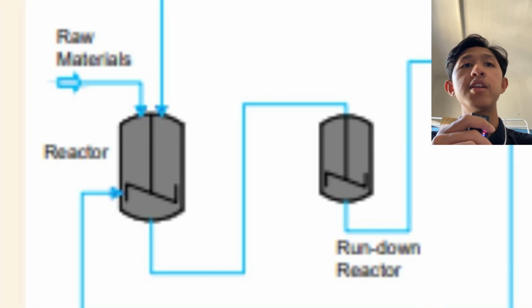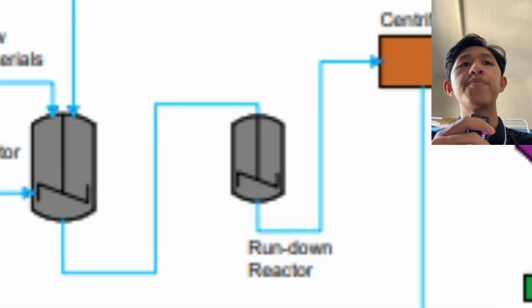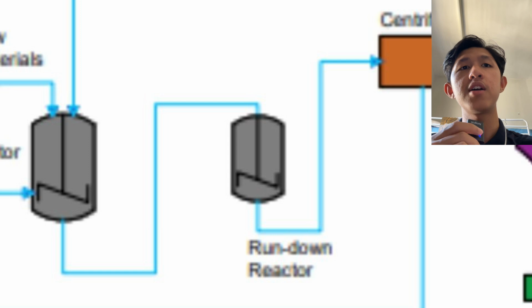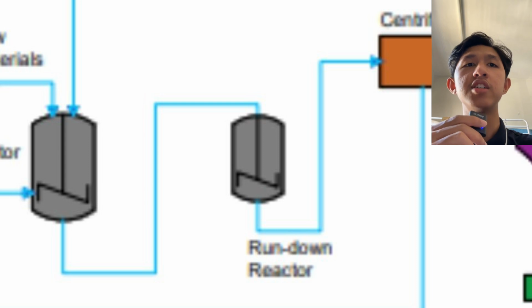The second component is the rundown reactor. It serves to process and stabilize the polymer product after the main polymerization reactor. It helps in cooling, pressure reduction, and sometimes further polymer modification or degassing, ensuring that the polyethylene is in the right state for downstream processes and final product formation.